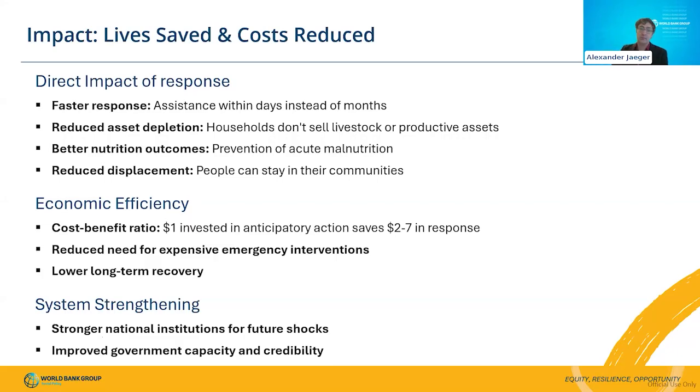We want to have responses that reduce the asset depletion. So that means that the impact on the households is minimal and they don't have to look for alternative ways to deal and cope with disaster. We want to safeguard the nutrition outcomes. We want to make sure that there is no or the minimum acute malnutrition, and we want to reduce displacement and migration.